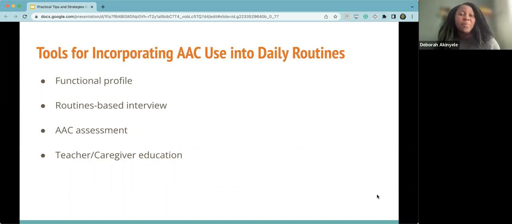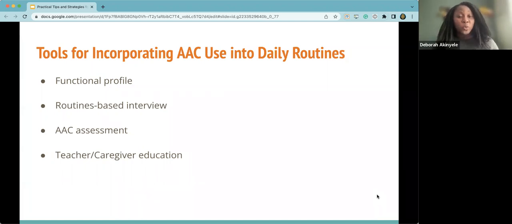But really being able to think about what the client's day looks like, what opportunities exist for teaching vocabulary, what opportunities exist for communicating with others, and then really looking at which tools and devices are available that would best support those needs.